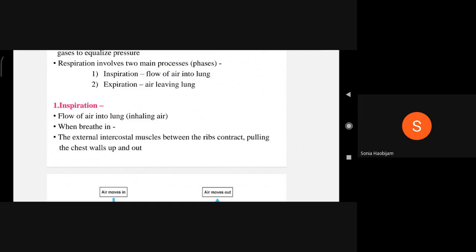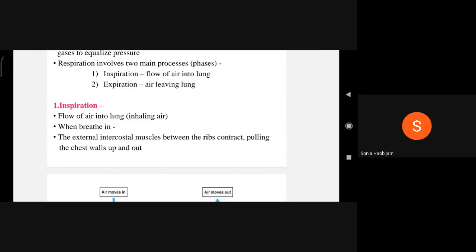Continue to breathe, feel, and listen to what I am trying to say. When we are breathing in, our external intercostal muscles are contracting and our chest wall is elevating. It's coming up. Our clavicle is elevating. Which muscle is going up?